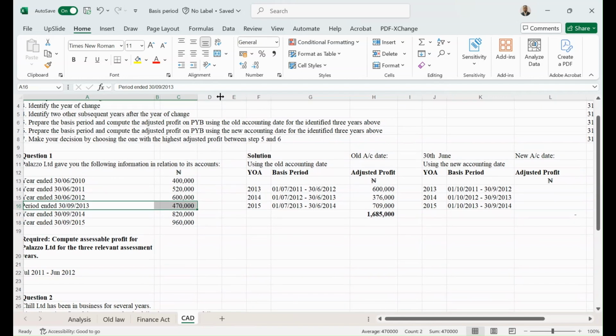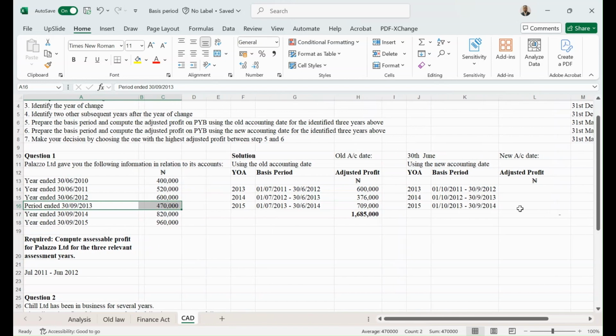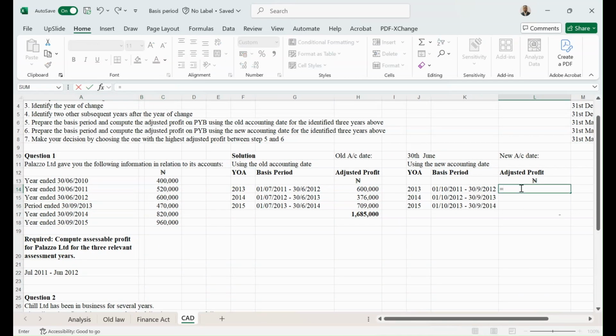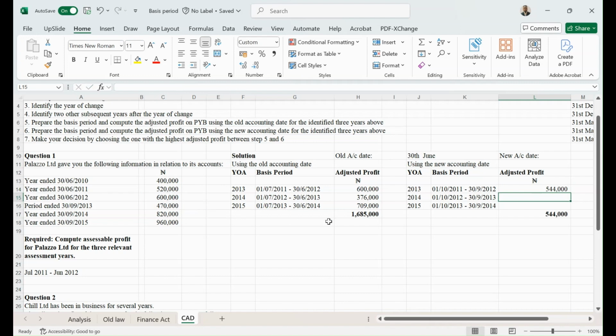So, going by that, my calculation is going to be 9 over 12 multiplied by 600,000 plus 3 over the 15 months multiplied by 470,000. Okay, and that will give us 544,000.